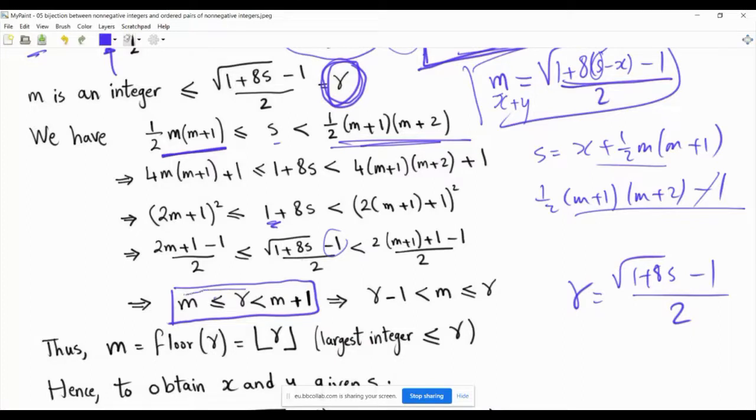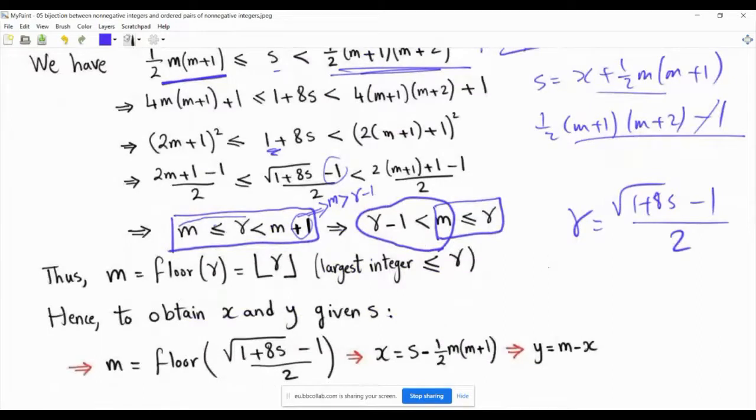Gamma is greater than or equal to M, and gamma is less than M plus 1. This means that M is greater than gamma minus 1. You just move the plus 1 to the other side. So this is the second part. M is greater than gamma minus 1.